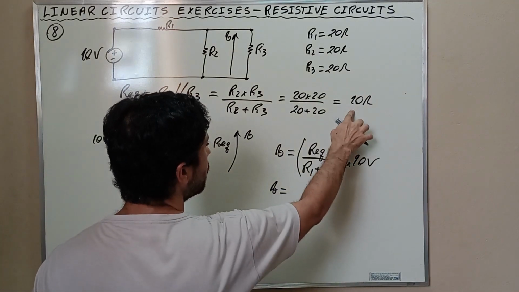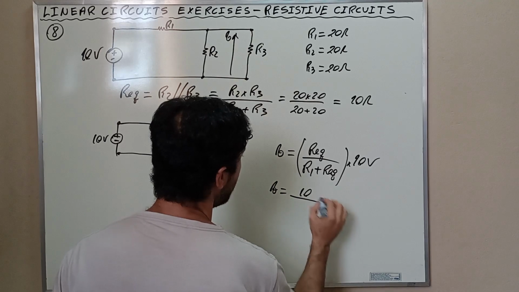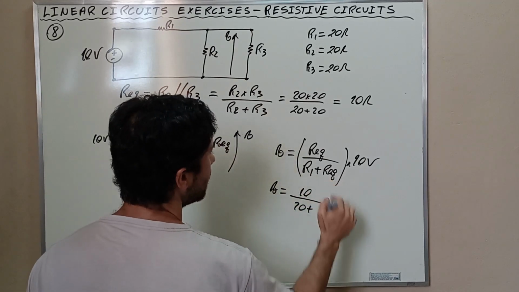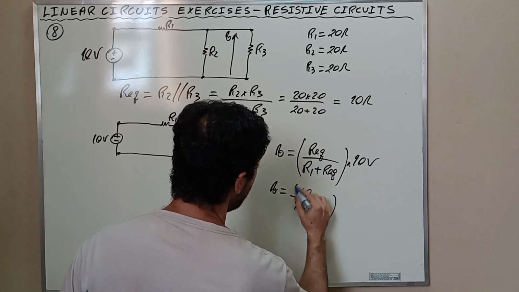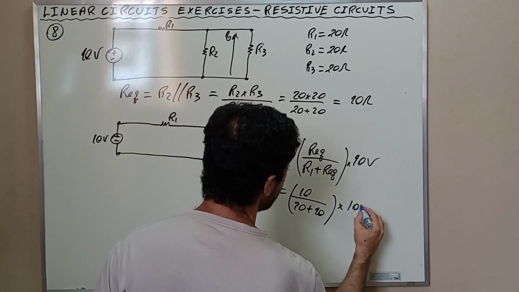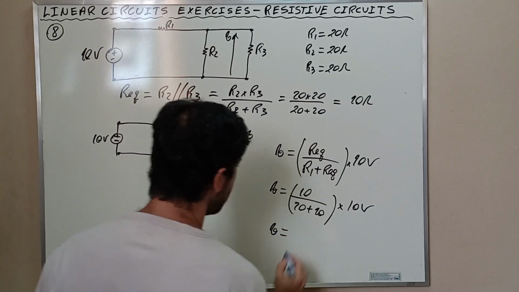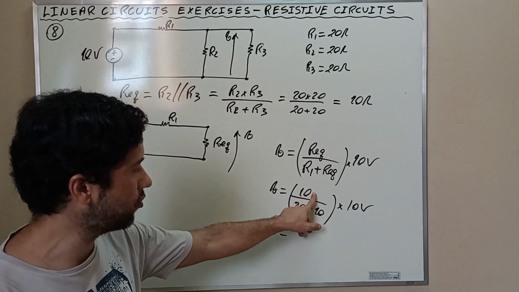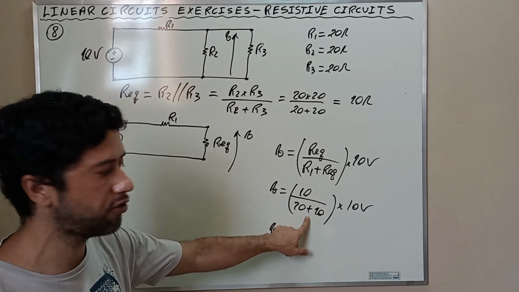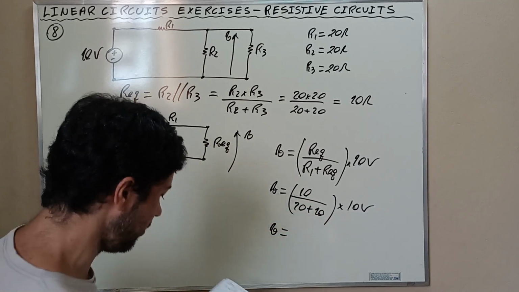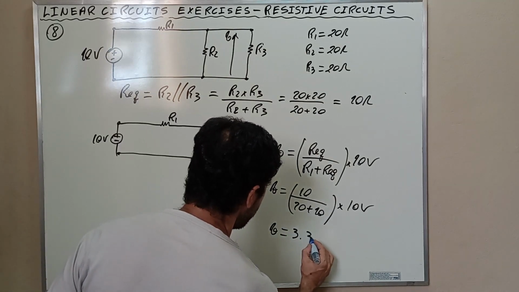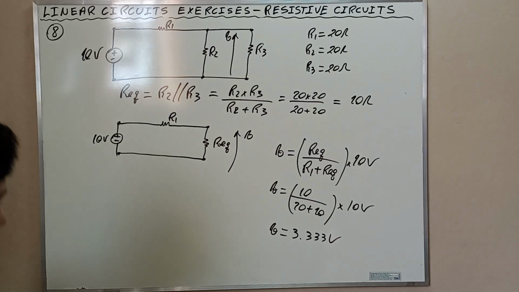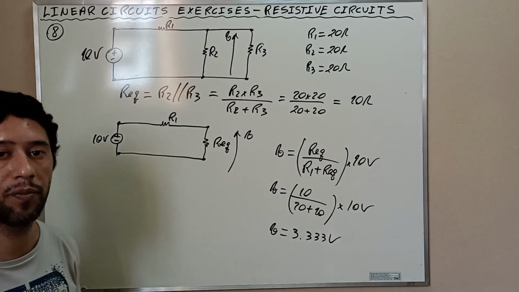V is going to be equal to 10 divided by R1, which is 20, plus the equivalent resistance, 10, and this multiplies 10 volts. If you conduct this, it is going to be 10 divided by 30 times 10, and this is equal to 3.333 volts. Alright, my friends, this is how we solve exercise number 8.